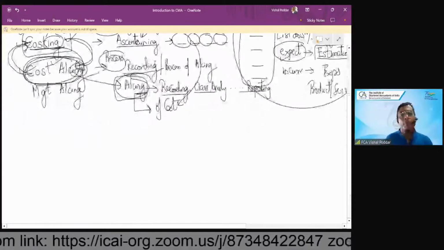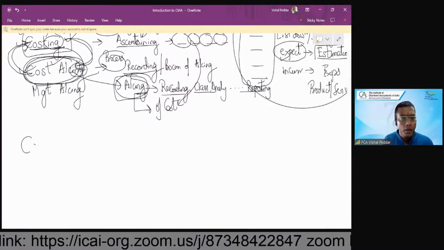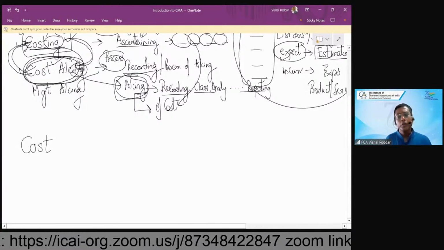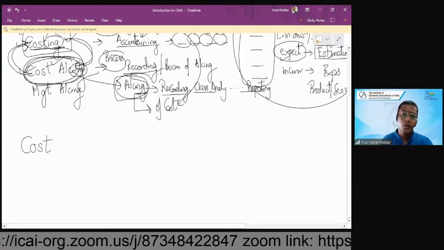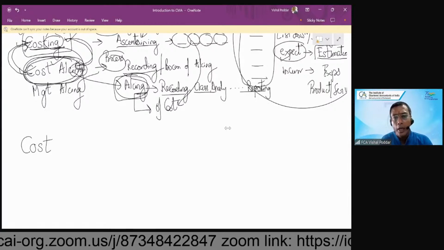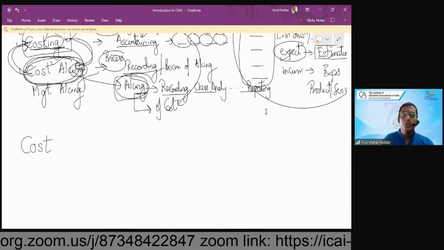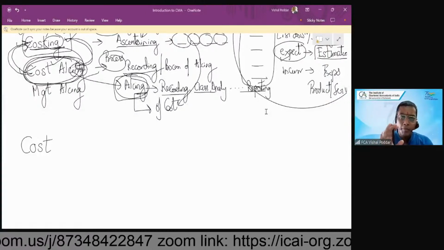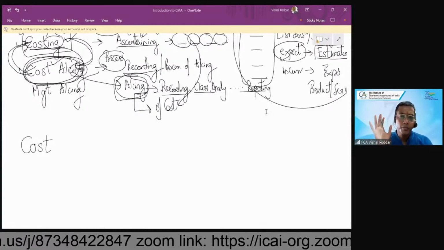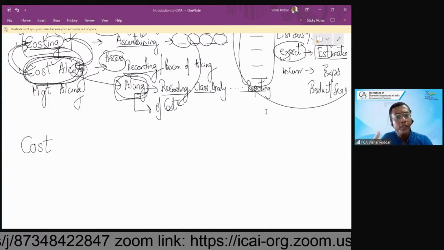Now I go to another important concept. In this entire topic of costing and cost accounting, the most important word is cost. Now I'll again request everybody to chip in with your understanding of the word cost. Also, please remember, I don't want any technical definitions from the module. Why? Because that anyways we are going to discuss.